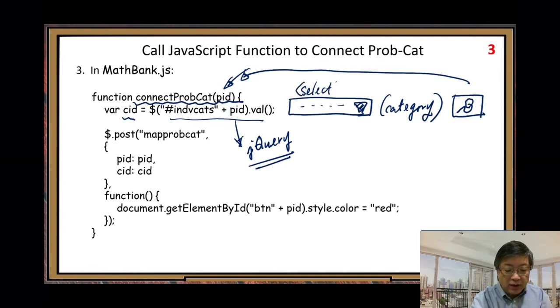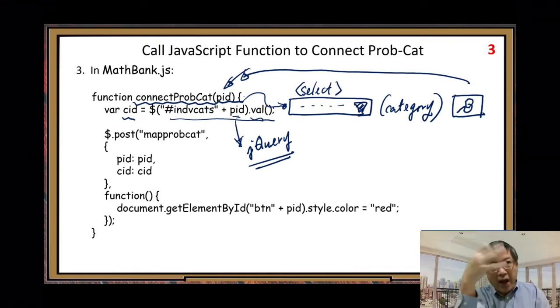The ID for this element, I call it individual cats plus the problem ID. That's the way I form the ID for this element. The .val function is the jQuery way to get the value of the element. So we get a CID.